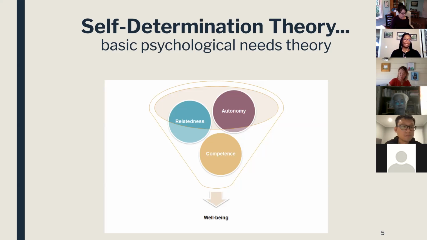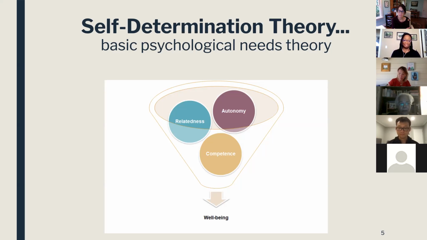Self-determination theory is a meta theory, and it has 6 mini theories that are related to it. One theory that I focus on a lot in my teaching and sometimes in my research is the basic psychological needs theory. This theory argues that psychological well-being and optimal functioning is predicated on autonomy, competence, and relatedness.